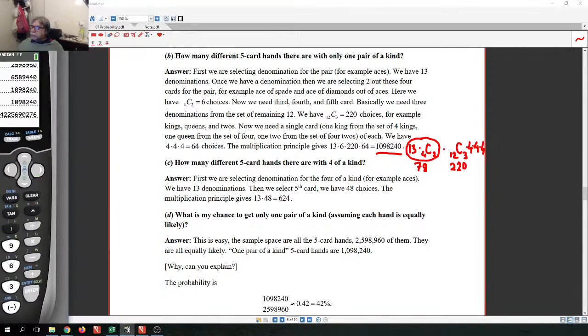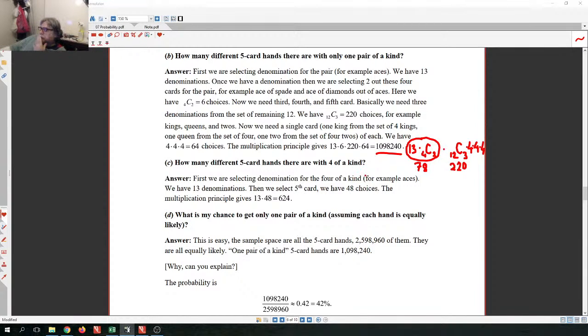Now, how many different 5 card hands are there when you have a 4 of a kind? It's a different problem here. Again, you're going to use the multiplication principle. The first step is to get the 4 of a kind, and then you need a 5th card.